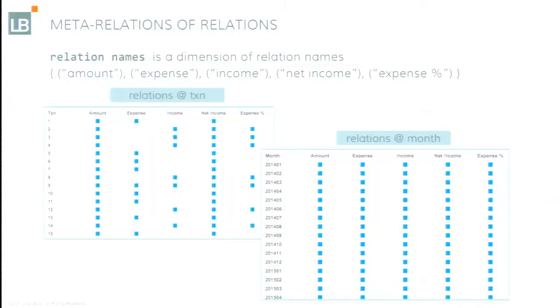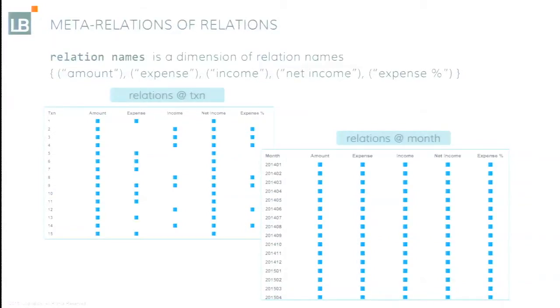There are also some meta relations of relations that are important in visualization. So I can have a set of relation names that effectively is a single column relation that contains all the relation names in my application, right? And I can lay it out on the x-axis here: amount, expense, income, net income, expense percent, for example.